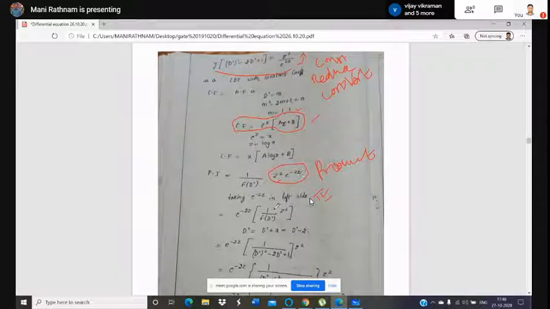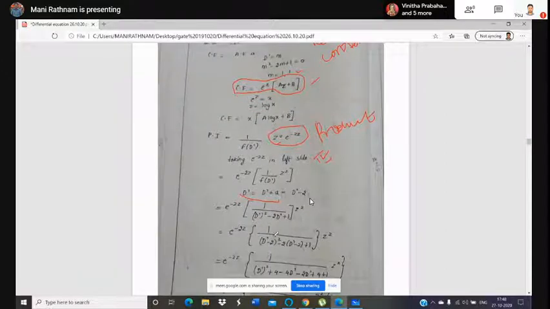Take the exponential function e power minus 2z to the left side. So e power minus 2z times 1 by f of D' on z square. So D' equal to D' plus a is the term; you should replace D' by D' minus 2. So e power minus 2z times 1 by (D' square minus 2D' plus 1) of z square.